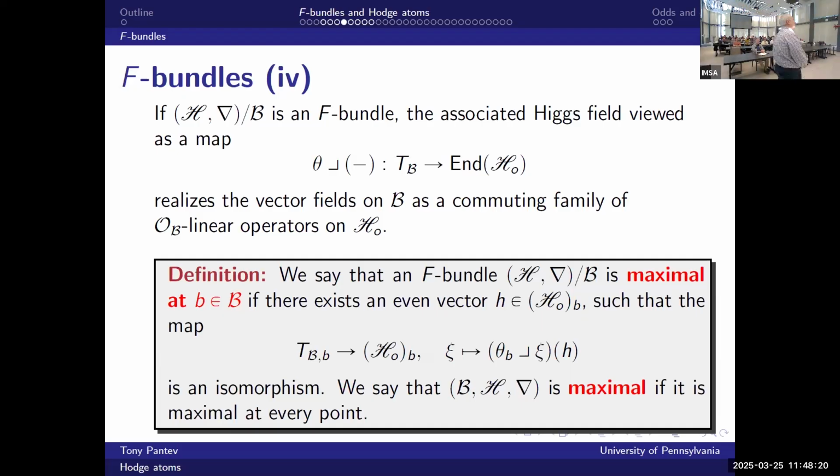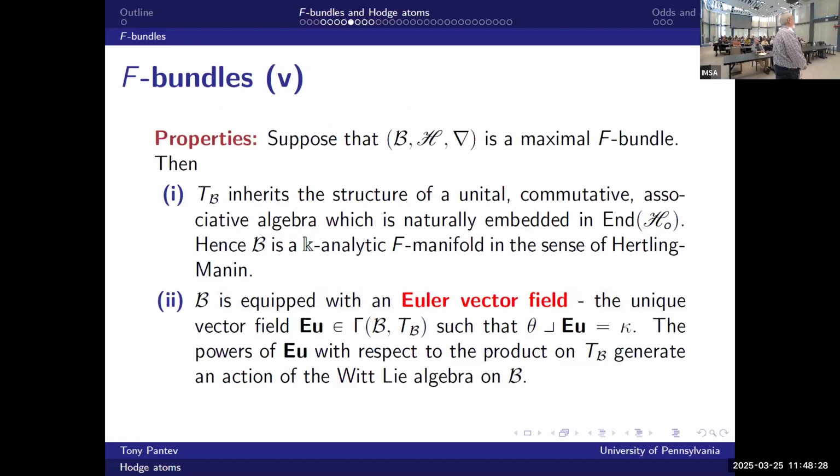But the maximal ones are really important ones because they identify the vector bundle with the tangent bundle. And if you have a maximal F bundle, then the tangent bundle of the manifold is identified with a subalgebra in the endomorphism algebra of H0, which is commutative. So you get an algebra structure on the tangent bundle.